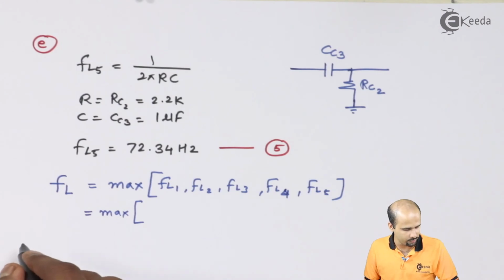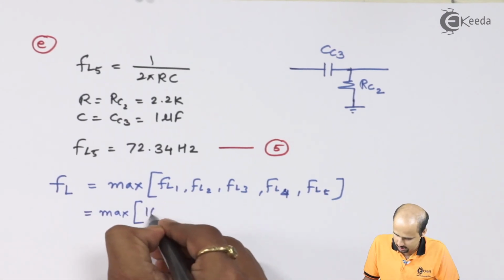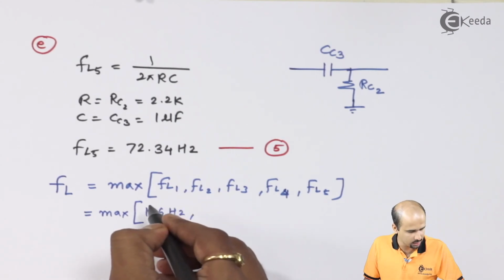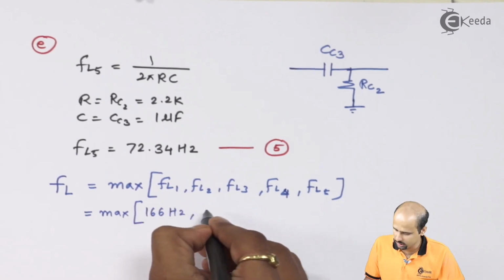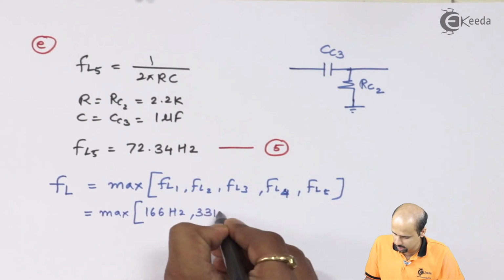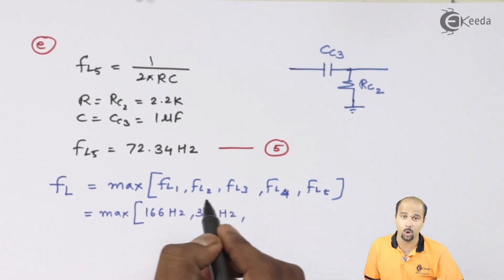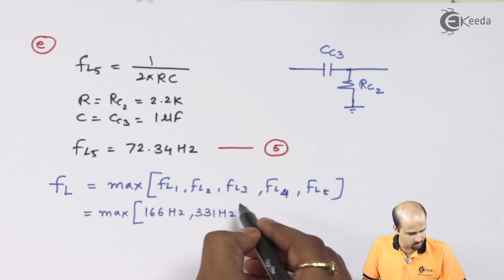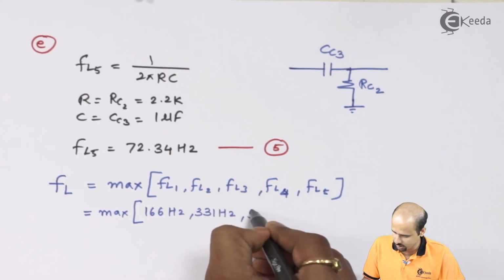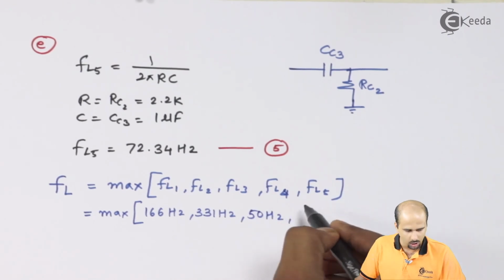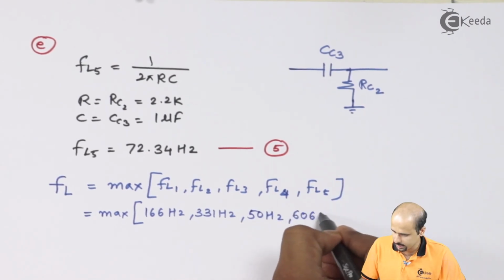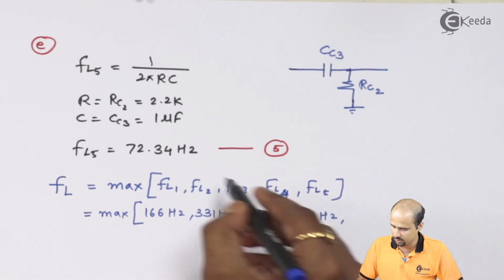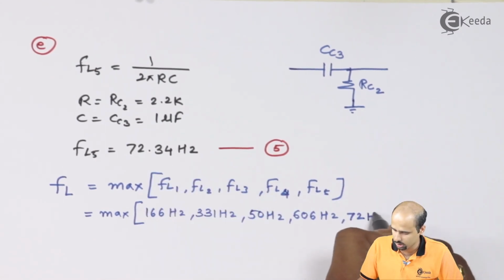So the first value we have got is 166 hertz. Then we have got another value as 331 hertz. I'm just approximating it, I'm not taking the decimal points. And FL3 we have got as 50 hertz. FL4 we have got is 606 hertz, and FL5 is 72 hertz.